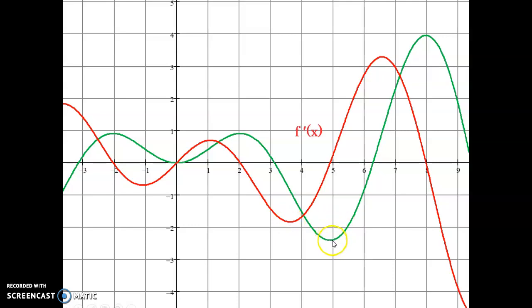Notice when my f of x function has a horizontal tangent line, I have a 0 on my derivative. When the original function f of x is increasing, notice the derivative curve is above the x-axis. Notice at the point of inflection, the derivative is at its highest value.